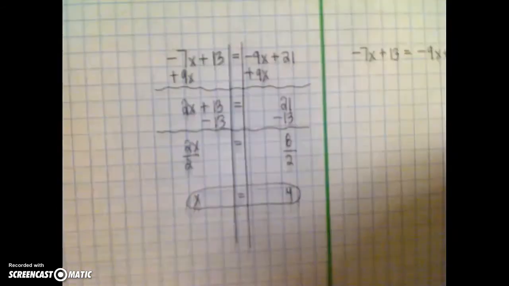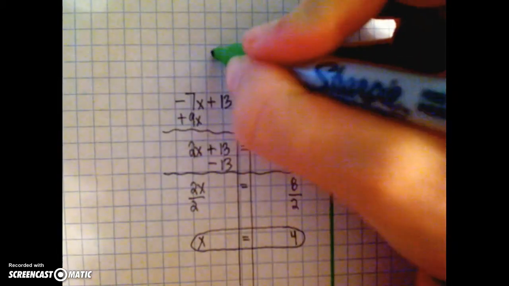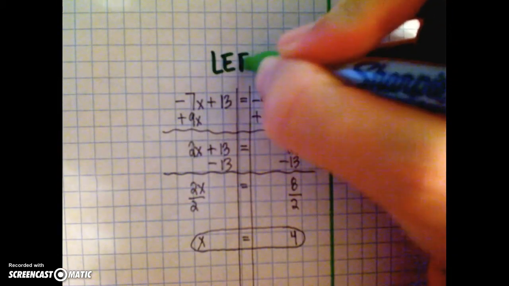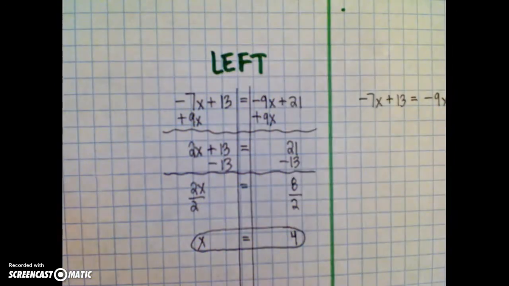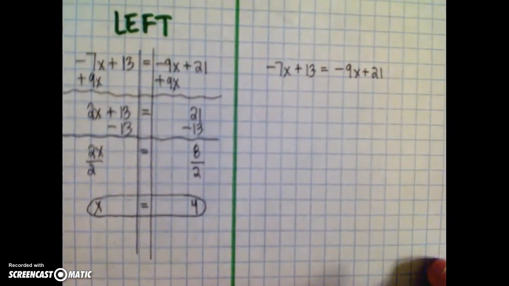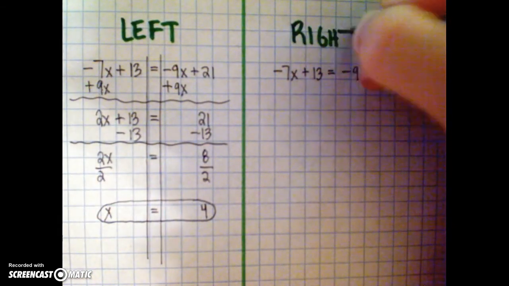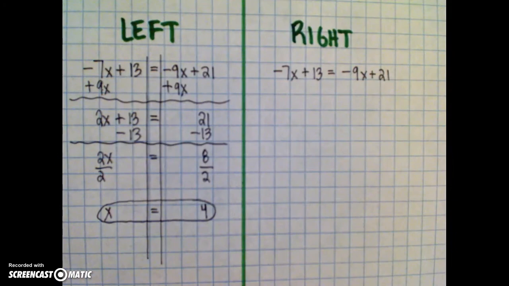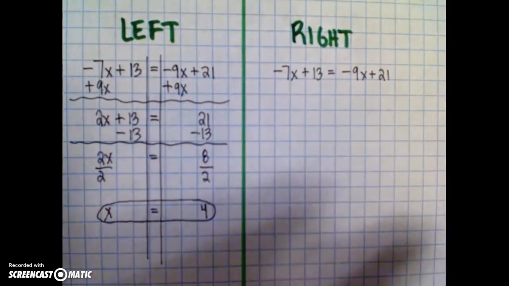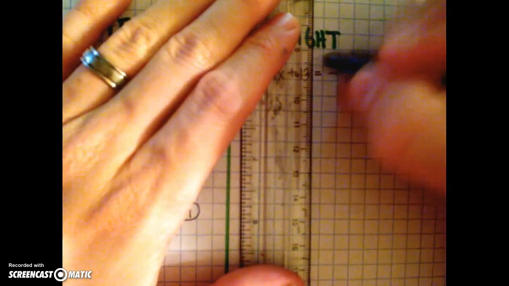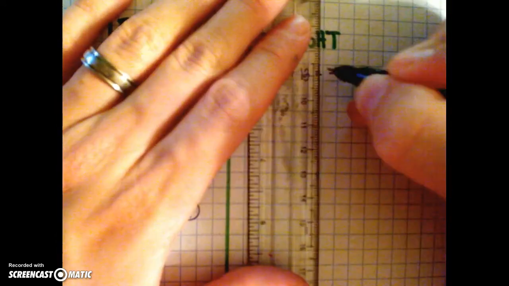For this particular example, we put all of our variables on the left, which means that I wanted to show you that you could have also picked the right and gotten the same solution.